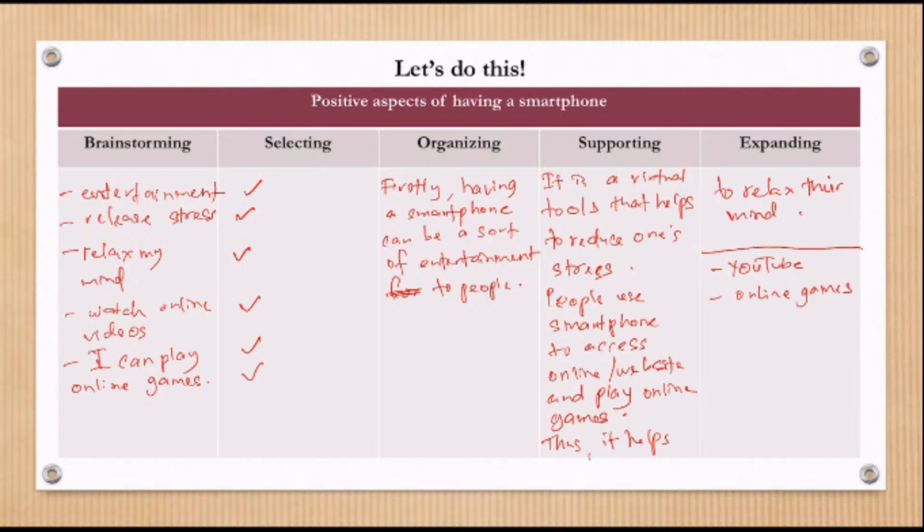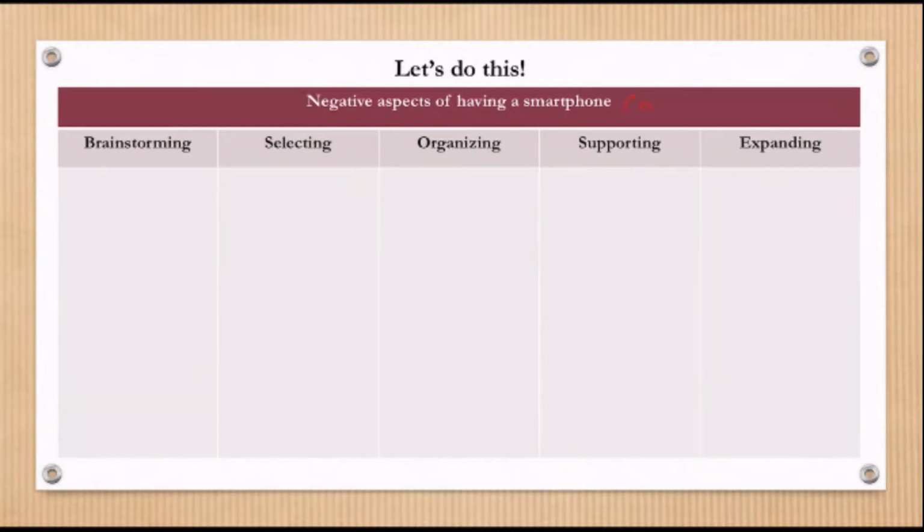Okay, how about the negative aspect of having smartphone? Now we are talking about the cons of having smartphone. The negative aspect of having a smartphone is giving harm to people, or it is harmful. As a student, if you keep using your smartphone, it reduces your focus. Why does it reduce your focus? You have less time to study.